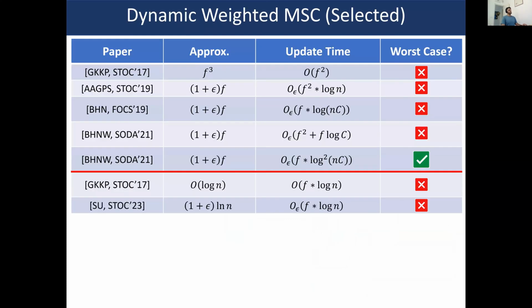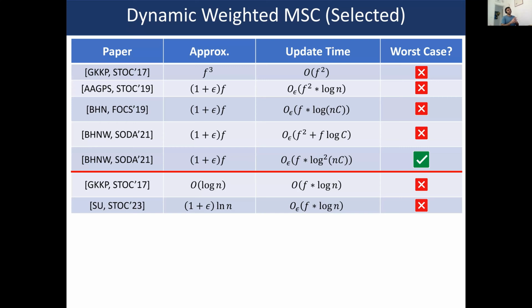Okay, so some previous results, I've divided them into 2. These results here, the top 5 results, are algorithms that dynamize the primal dual algorithm. And these 2 results are algorithms that dynamize the greedy algorithm. Now, the reason why we need both depends on prior knowledge regarding the frequency f.